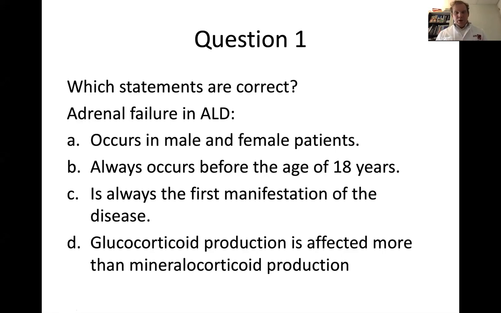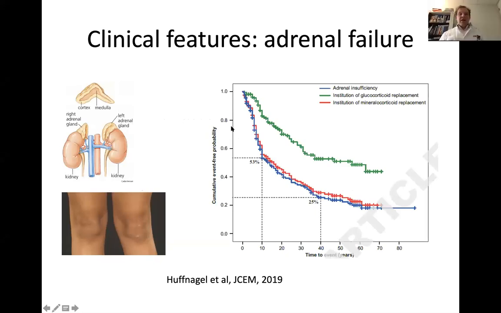Can we move to the next slide? It's working now. Okay, so the adrenals are one of the tissues affected in X-linked adrenoleukodystrophy. It virtually only occurs in male patients. In female patients it is exceedingly rare, estimated in less than 1%.